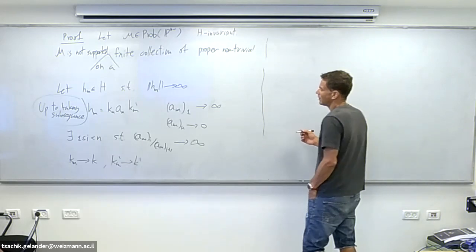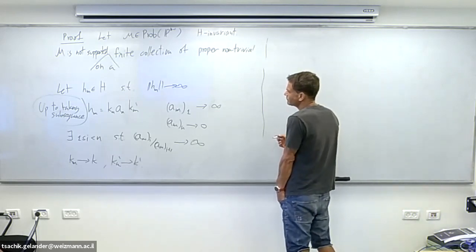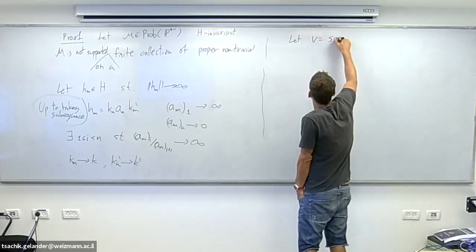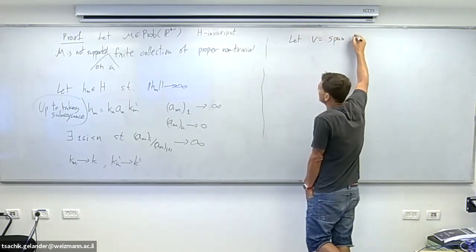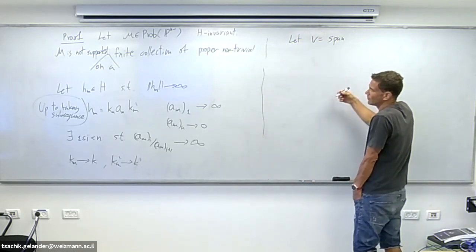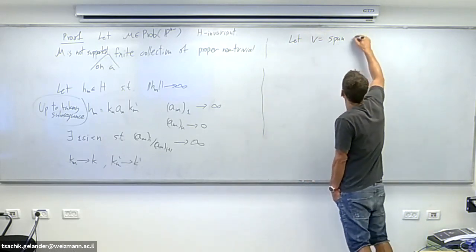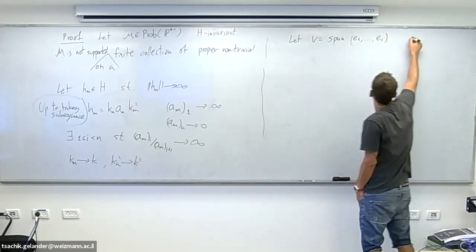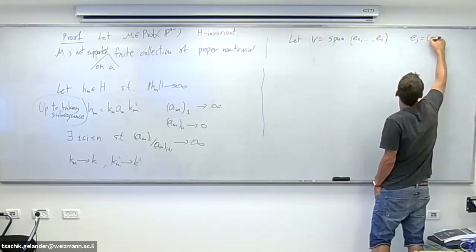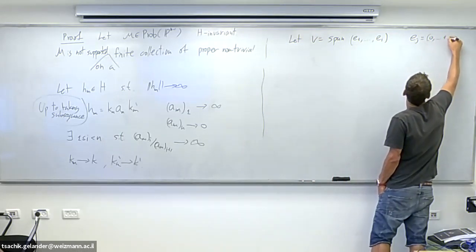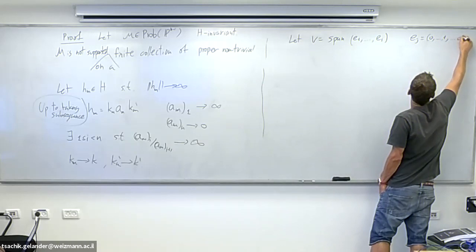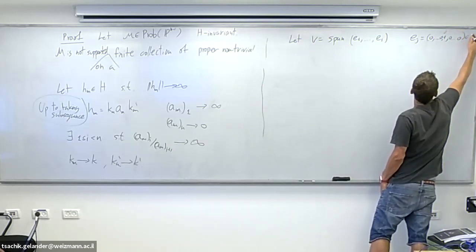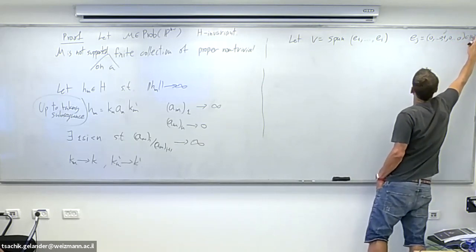Let V be the span of the first unit vectors, so e1 up to ei, where e_j is the standard basis vector in R^n.